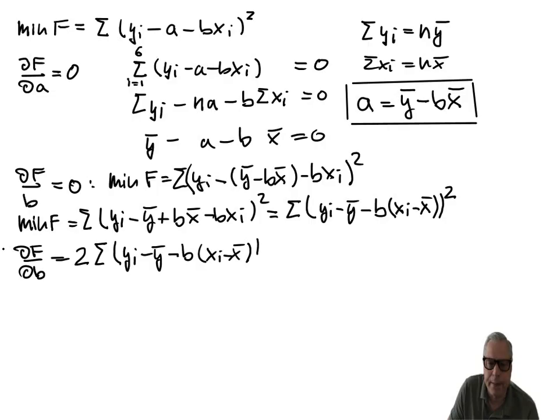Okay, the 2, we have to subtract 1 from the 2, but now we still have the inner derivative. So we still have the derivative with respect to b, that leaves us with a negative 1. So let's write here negative 1 times xi minus x bar. That was the chain rule, and that is equal to 0.